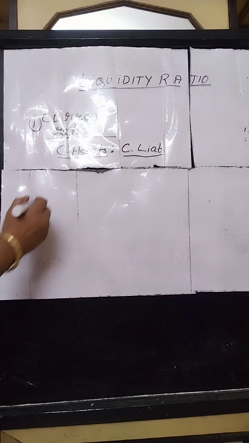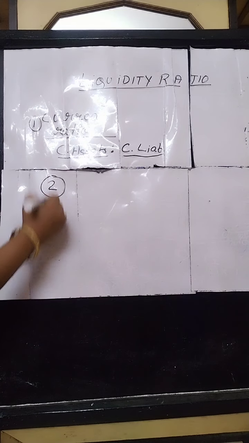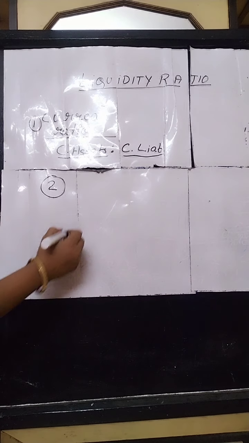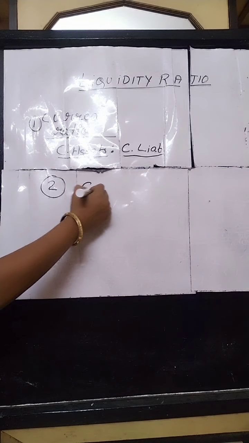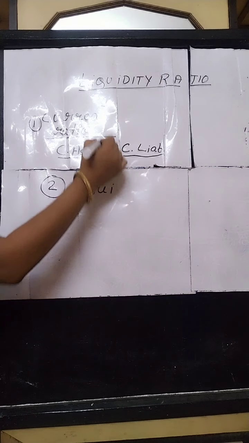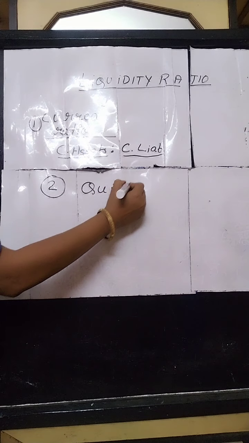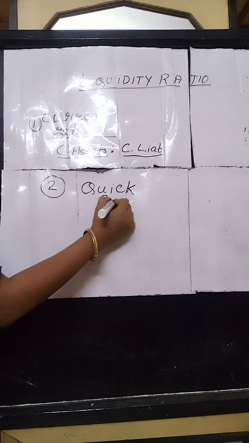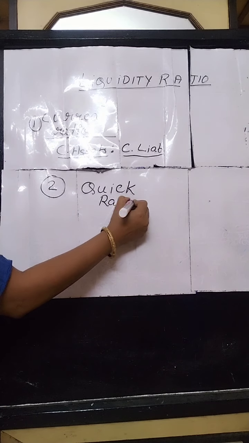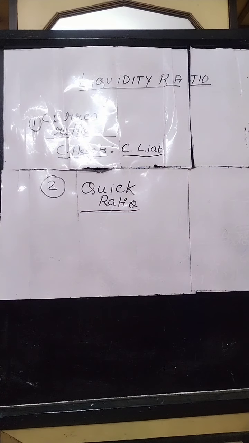Now, today we will learn the second type of liquidity ratio, and that is quick ratio. Current ratio was the first ratio. The second is quick ratio. After current ratio, the next important ratio is quick ratio. Now, what is quick ratio?